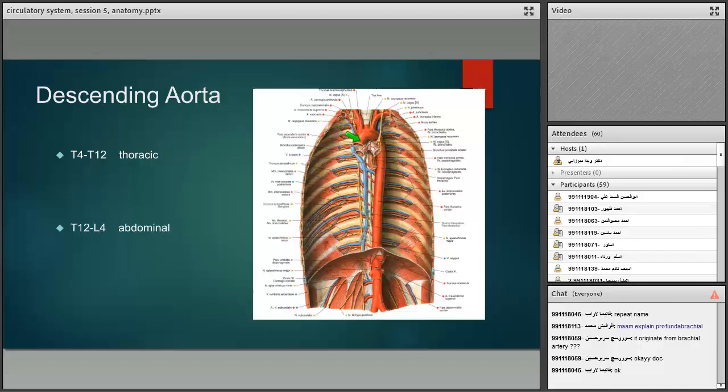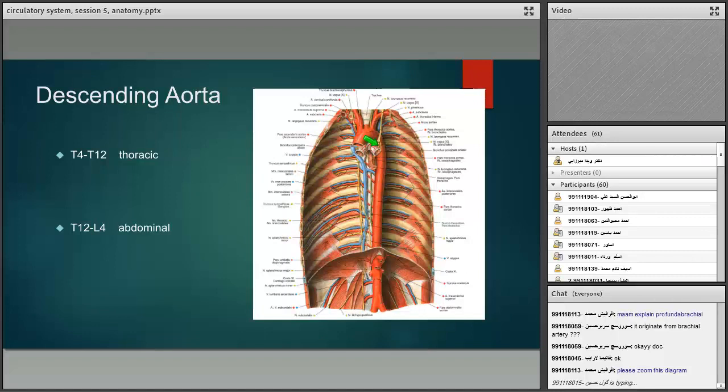Before that, we have the aortic arch. We have seen the aortic arch and its three branches and the arteries of the upper limb from the subclavian artery. Now we are going to talk about the descending aorta. The descending aorta will start from T4 and continue till L4.